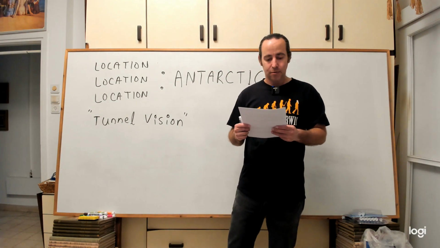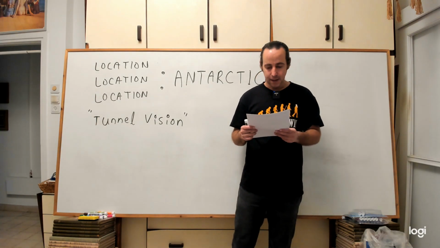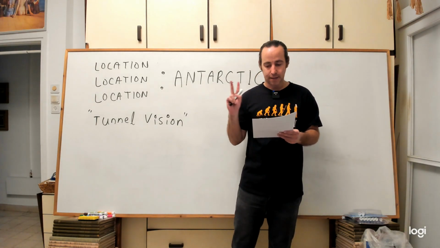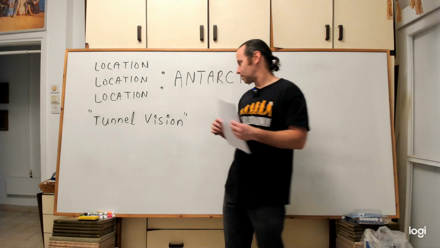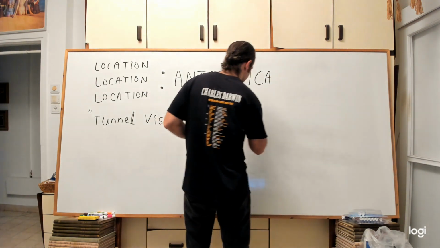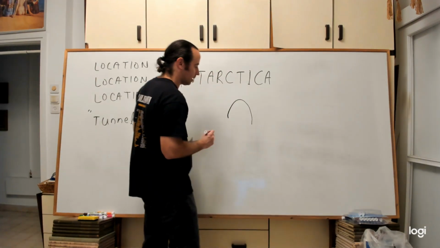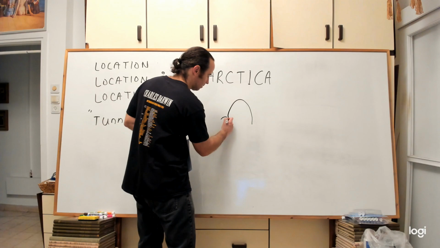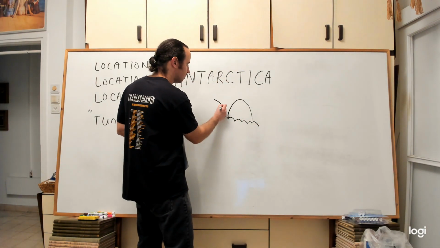So what I need you to picture in your mind is a tunnel. The tunnel can be built in two ways. Either like a very long igloo. Okay, so like we have an igloo, this is the snow, this is the igloo.